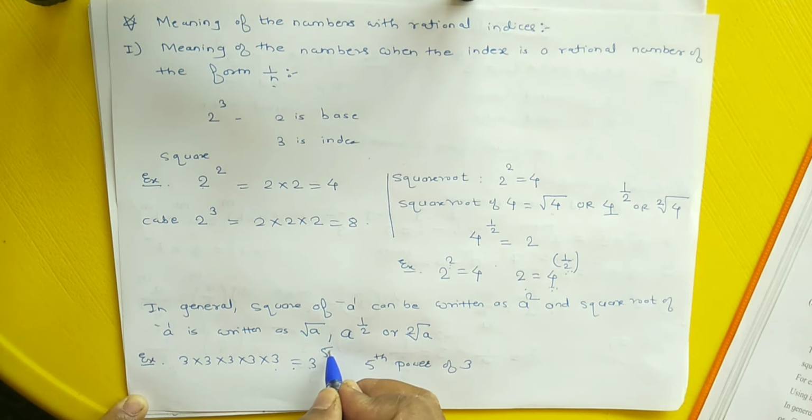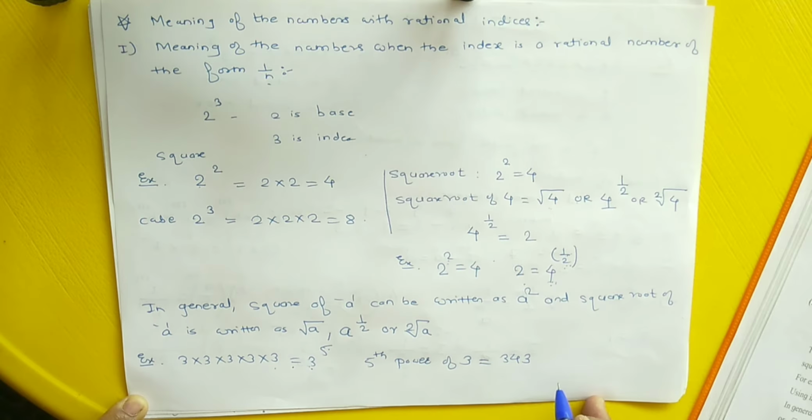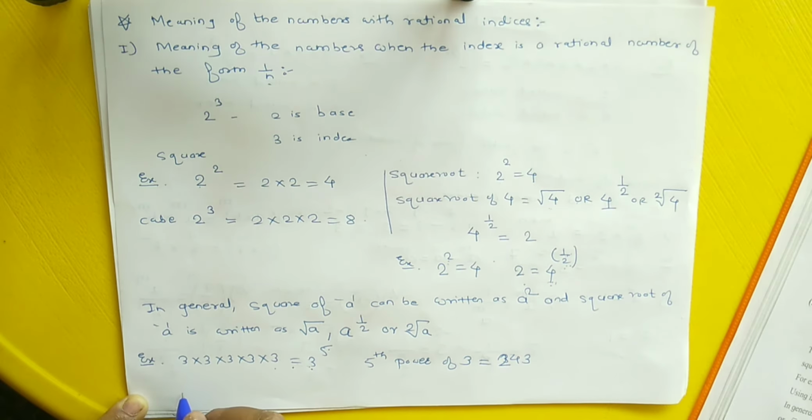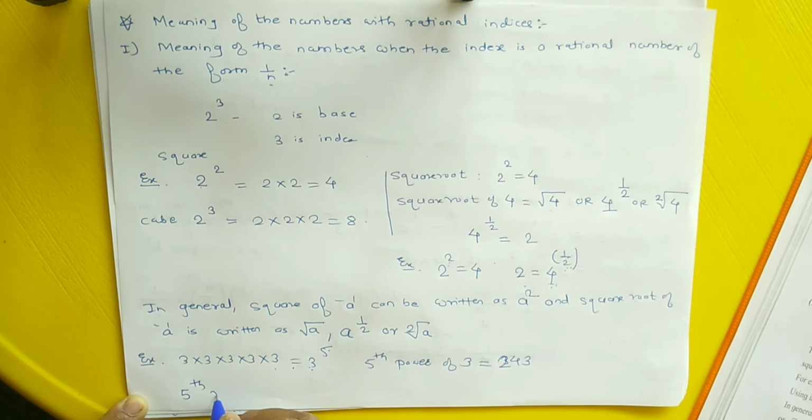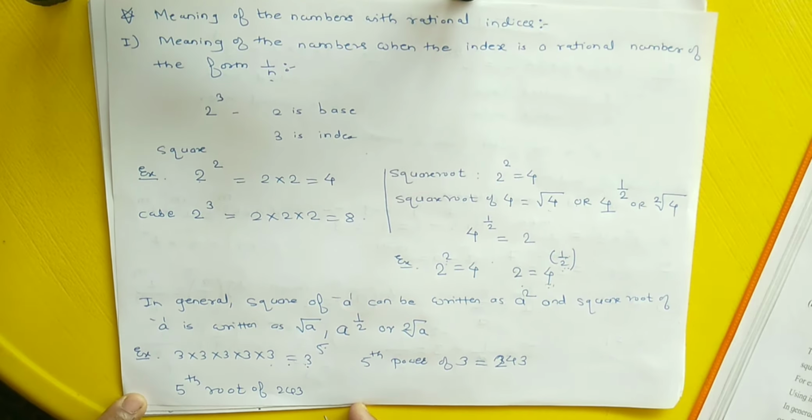Its value becomes, sorry, 243. Now we can write the 5th root of 243.